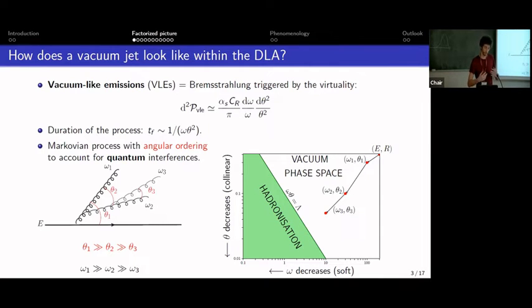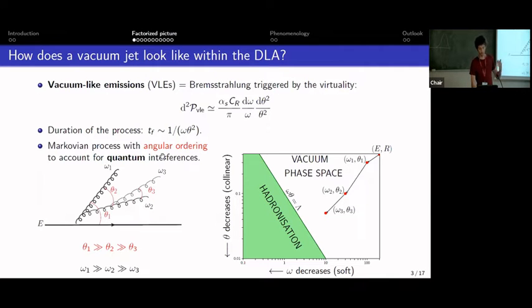And in order to account for the correct logarithmic structure of the jets, while emissions are emitted according to the spectrum, we need to impose an angular ordering constraint, which is basically a consequence of the large-angle soft gluon structure.